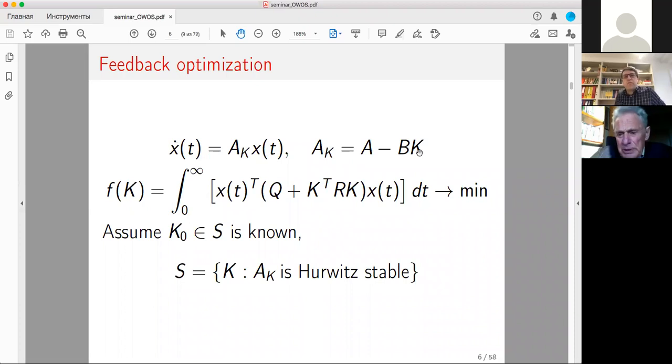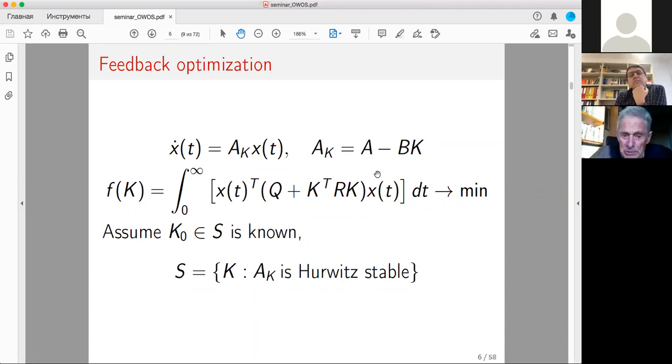So when we fix K, we can solve this equation, substitute it in this integral and calculate our function. Also, we assume that some stabilizing feedback is known. I mean, stabilizing in the sense that this closed-loop matrix A_K is Hurwitz stable.